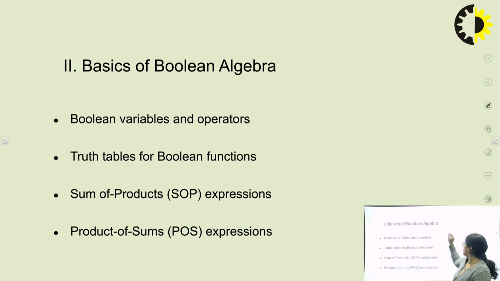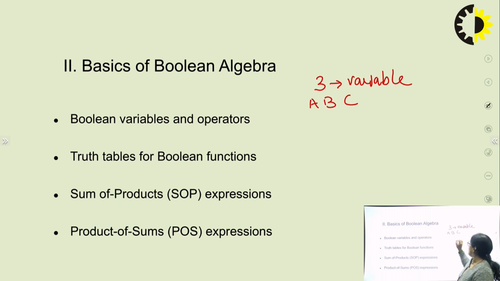So if we have 3 variables, suppose A, B, C, then we have 2 raised to power 3, that is 8 combinations, as A may be true, A may be false.